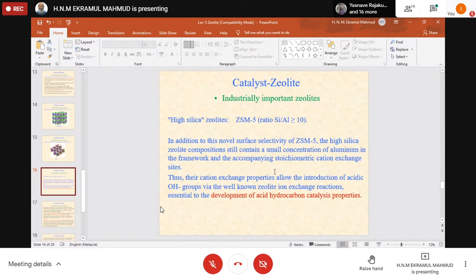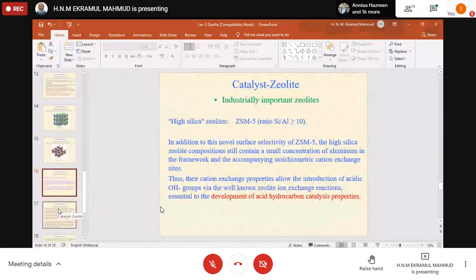Thus, their cation exchange properties allow the introduction of acidic hydroxyl groups via the well-known zeolite ion exchange reactions, essential to the development of acid hydrocarbon catalysis properties. Later we'll discuss the role of acidity on the surface of this zeolite for cracking or for any other transformations or reactions, cyclization or isomerization.